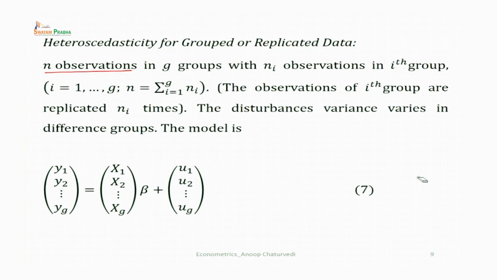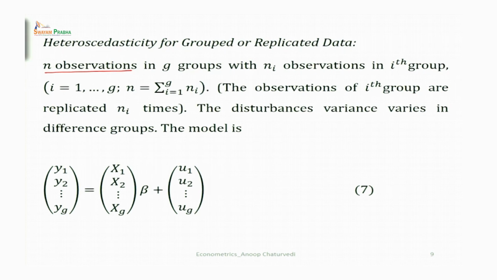The ith group has n_i observations. i varies from 1 to G. So, obviously, n is equal to summation i equal to 1 to G n_i. Or you can say the observations of the ith group are replicated n_i times.